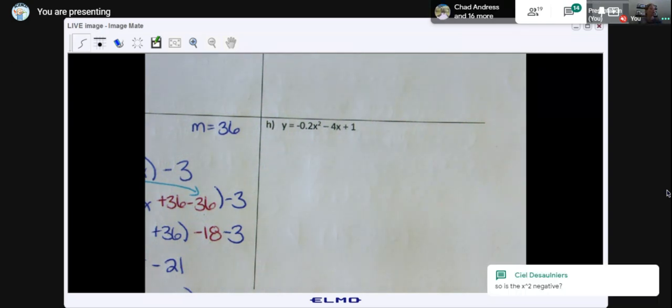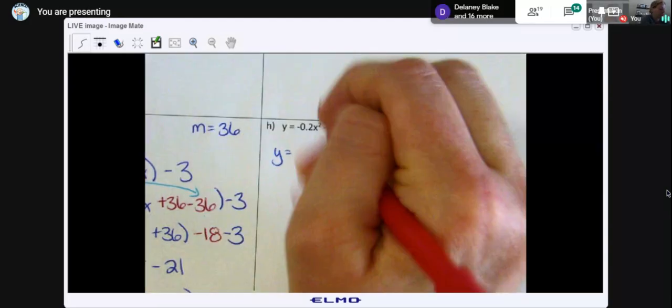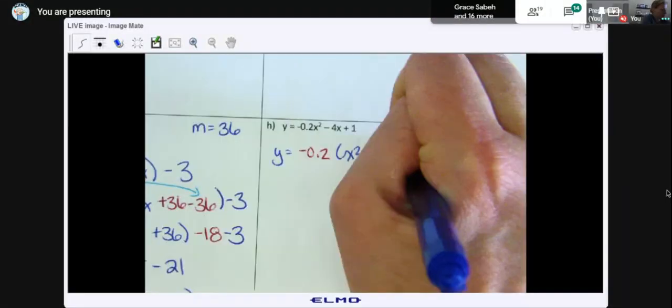We take the negative sign outside. We factor the negative sign out. So my first line would be negative 0.2, bracket, so then we'd have positive x squared plus 20x, close the bracket, plus 1.